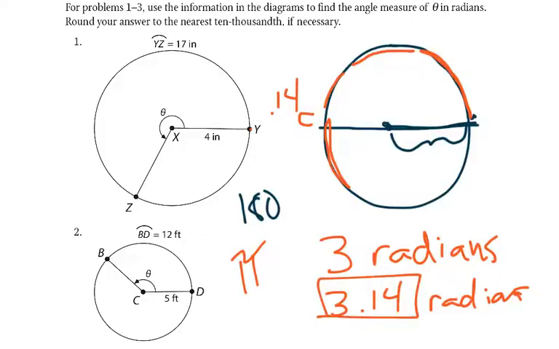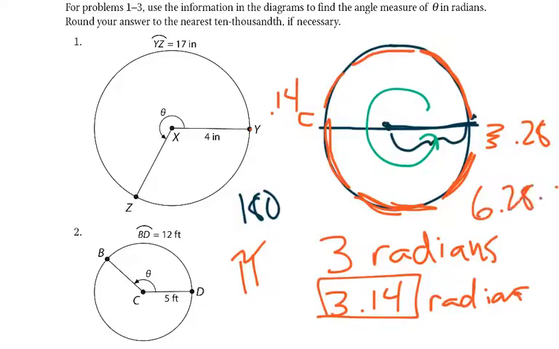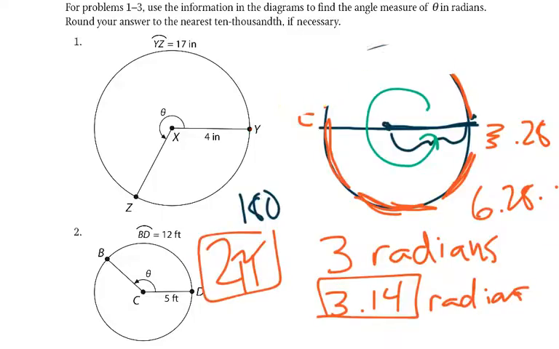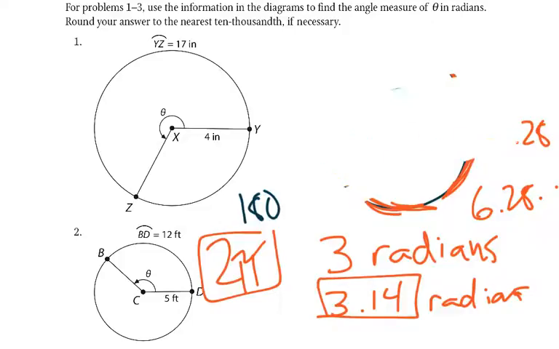But if we keep tracing around and go around the whole circle, we end up getting 6 full radians and then about 0.28. So 6.28 followed by other decimals, which we call 2 pi. So the whole circle is considered 2 pi.